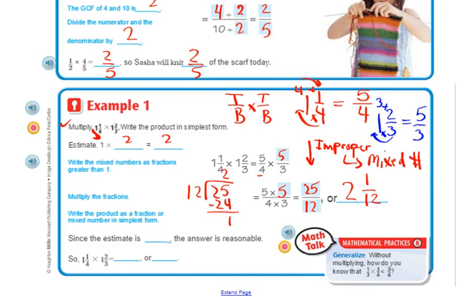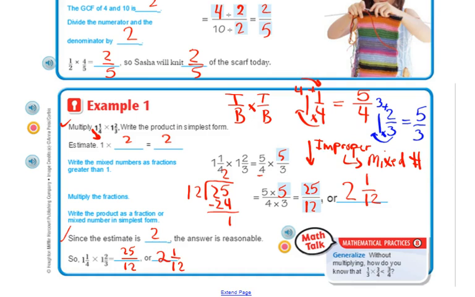Since the estimate is 2, the answer would be considered reasonable. 2 and 1/12 is close to 2. So 1 and 1/4 times 1 and 2/3 is equivalent to 25 over 12. In its most proper and simplified form, as a mixed number, it's 2 and 1/12.